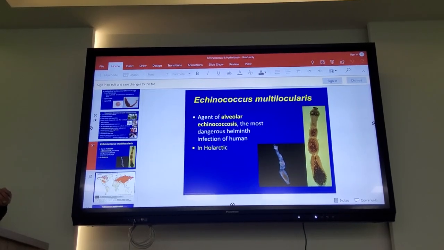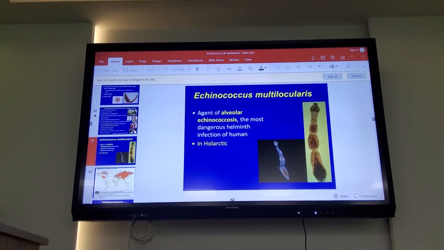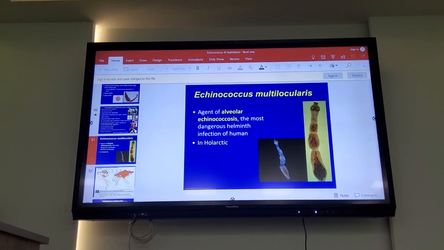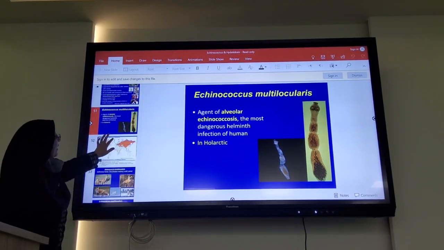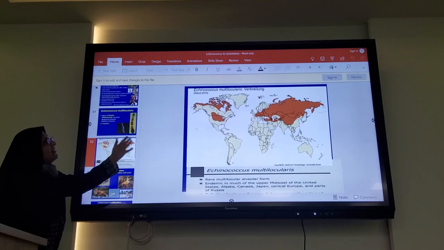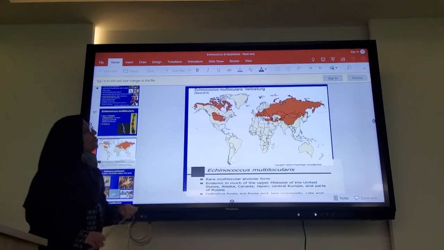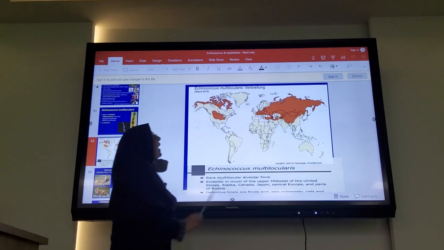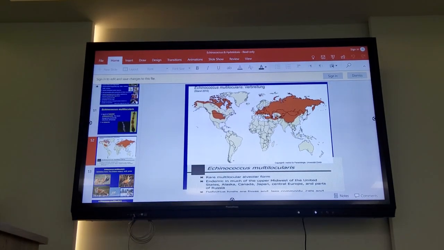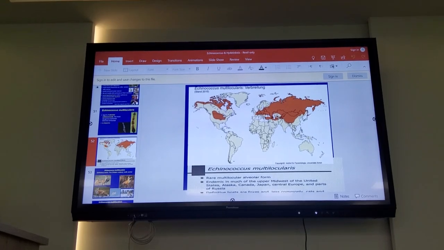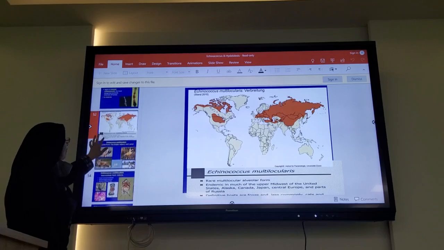Okay, the next parasite is called Echinococcus multilocularis. It is just a few millimeters, even smaller than Echinococcus granulosus. If you look at the distribution, it's not found in the southern hemisphere. It is just in the northern hemisphere, and it is important even in developed countries like European countries, due to contact with the definitive host, which is fox.